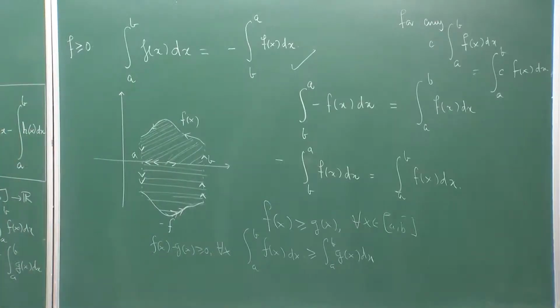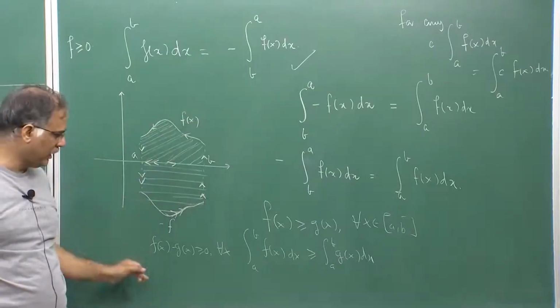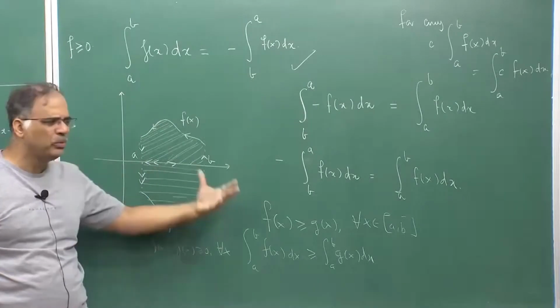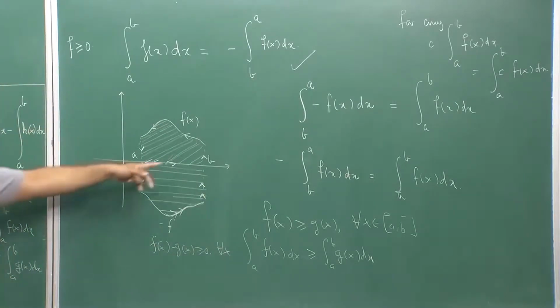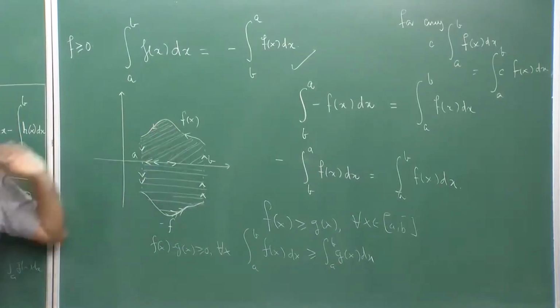So we are going by the convention that if A is strictly less than B, and I move from A towards B, I am actually moving in the counterclockwise direction when the function is non-negative.